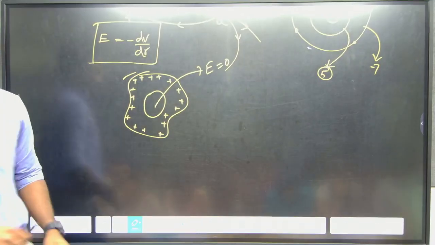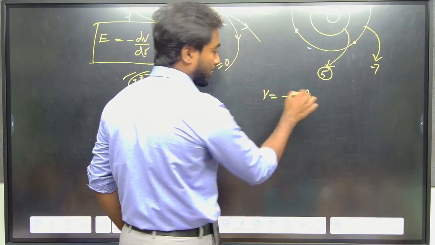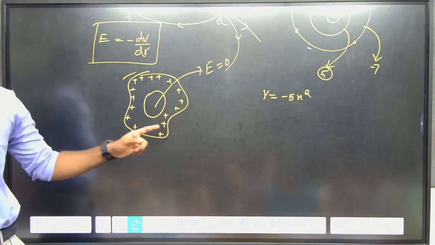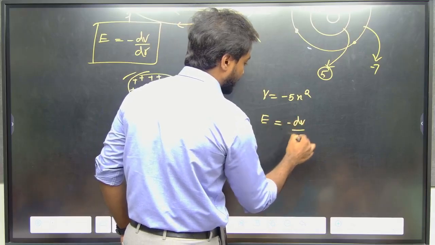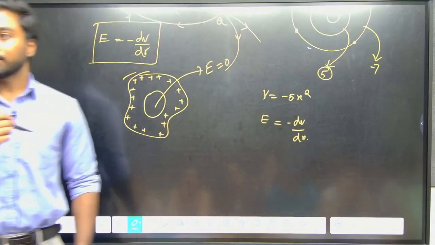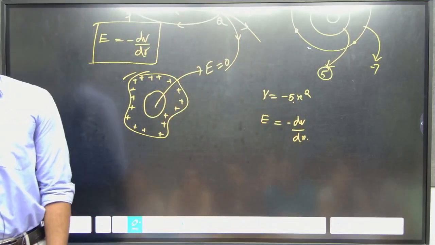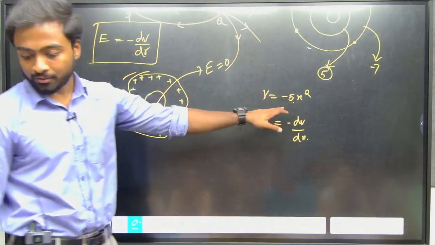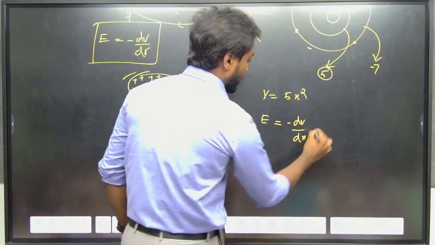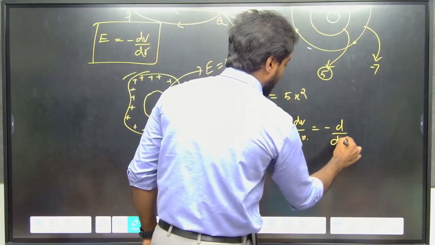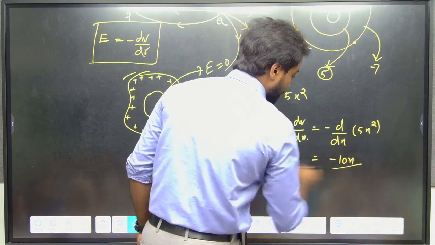No. Here they have given V in terms of x. So can I write E is equal to minus dV by dx? Yes. So what is the differentiation of 5x square? It will be minus d by dx of 5x square, which is nothing but minus 10x. That's my answer.